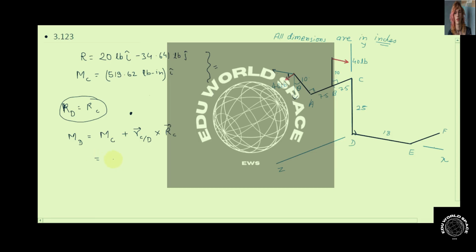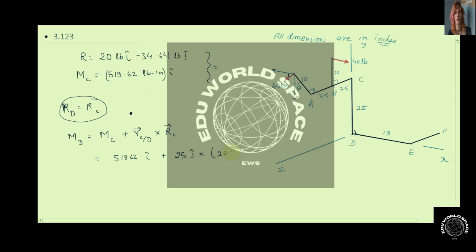So the moment at point C was 519.62 i cap plus the position vector of C with respect to D, which, since this is a 25 inch distance, will be 25 in the positive y direction, so 25 j cap, multiplied by the R vector, which we have already calculated in the previous problem.